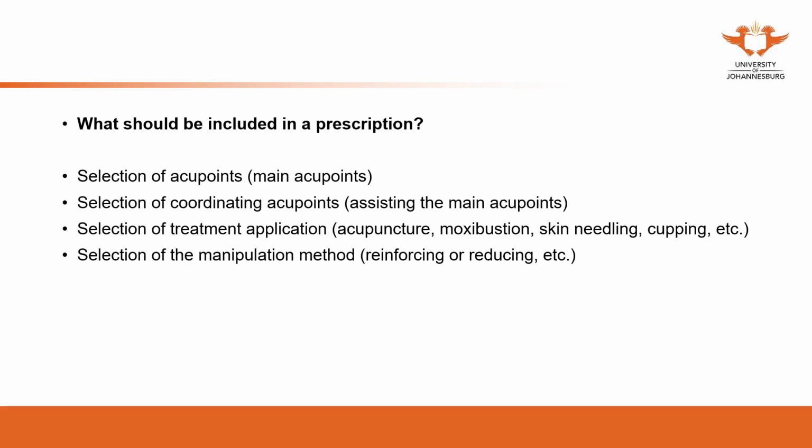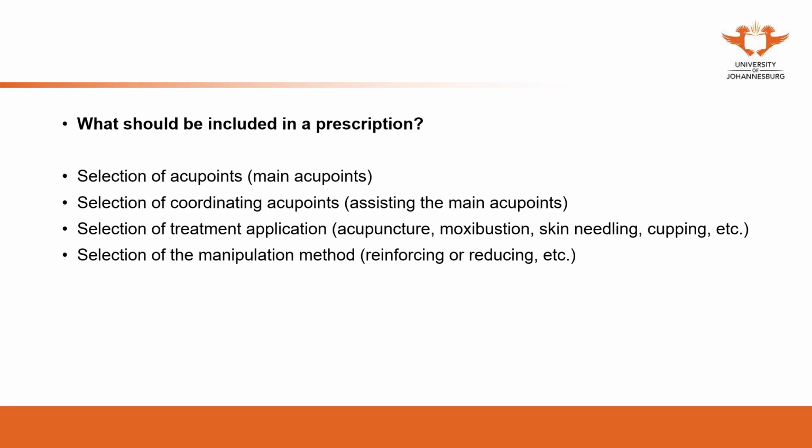In one prescription, what needs to be included? Firstly, the acupoints that we're going to use. Similar to a formula, we're going to select the main acupoints and the assistant acupoints, which means in one prescription, you need to have something dominant.